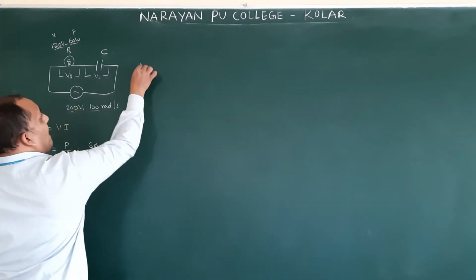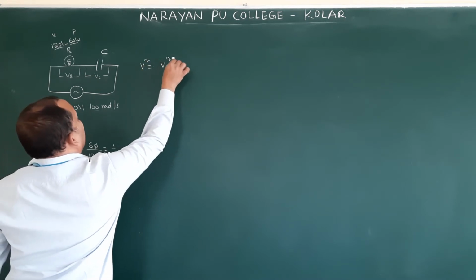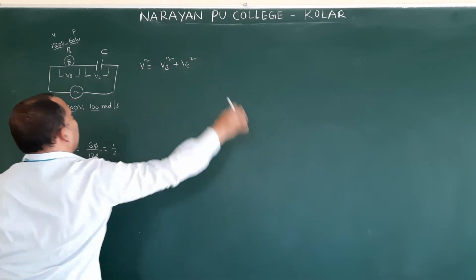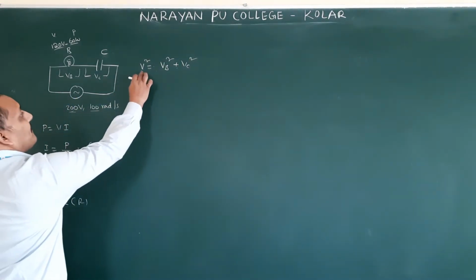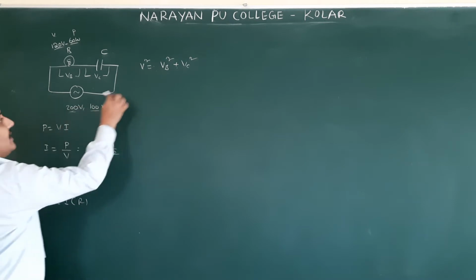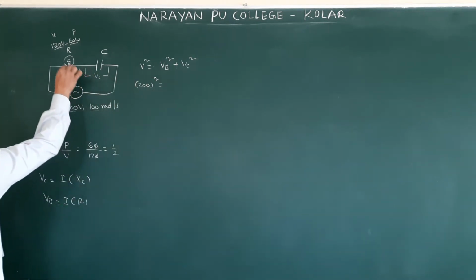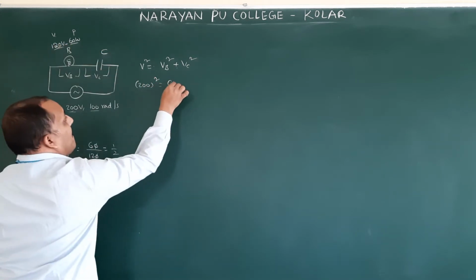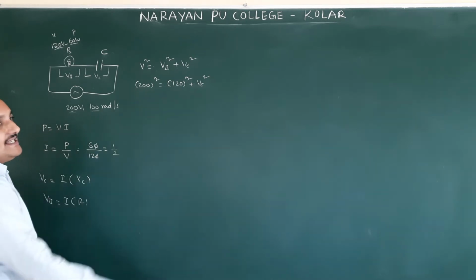How we will find VC? Because they give V. Resultant voltage V square is equal to VB square plus VC square. Isn't it? What is V value? V value is nothing but 200. 200 square. What is voltage of the bulb? 120 plus VC square.